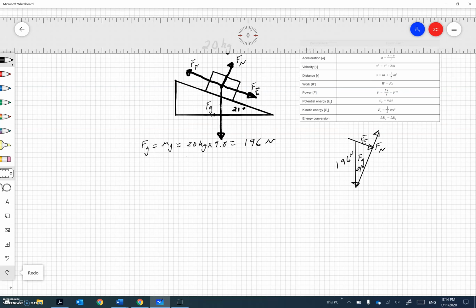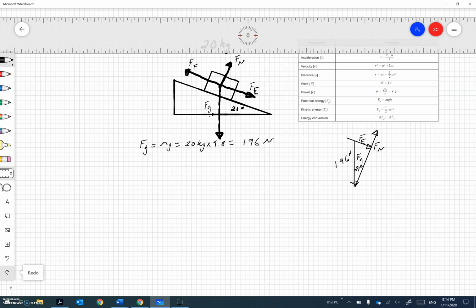So the sine of 21 degrees is equal to force effort over the hypotenuse, which is 196 newtons.